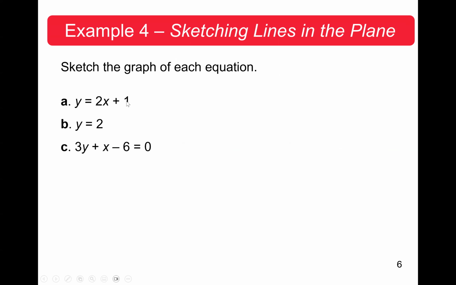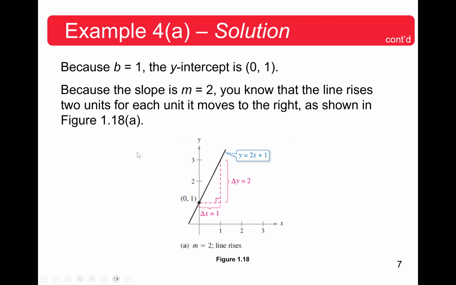So when x is 0, y is 1. Because the slope is 2, the line will rise 2 units for each unit it moves to the right. So when x is 1, y will rise 2 units, as shown in the following graph.